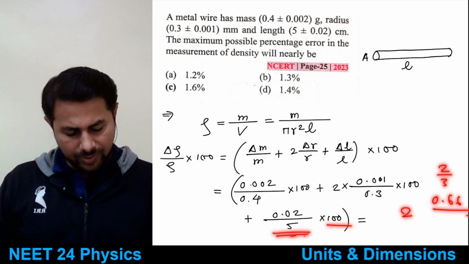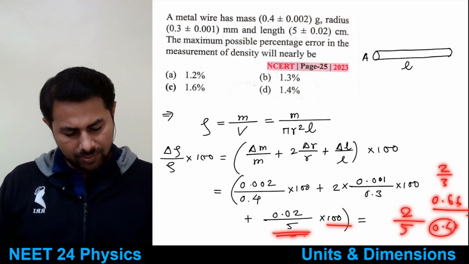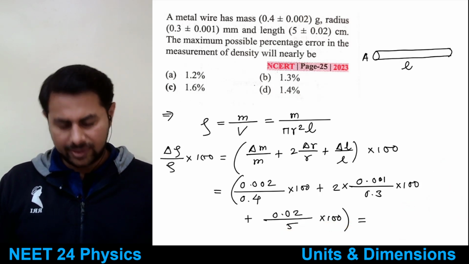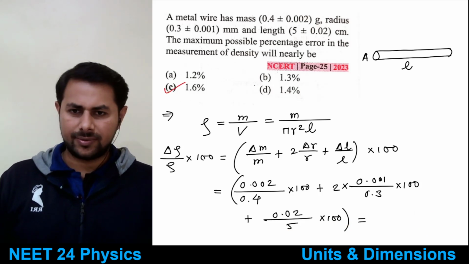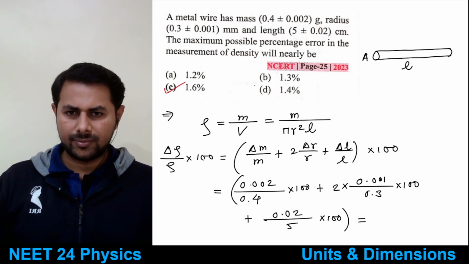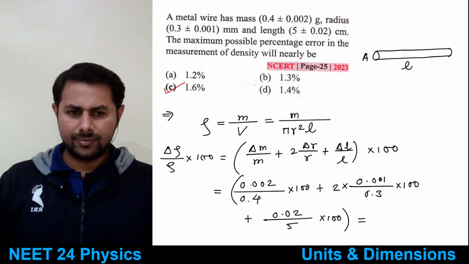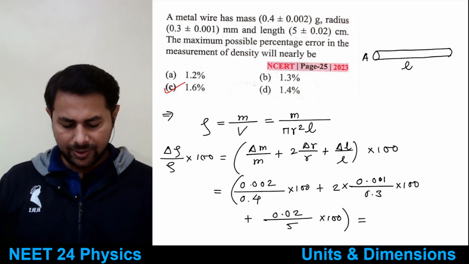This thing will be 2 by 5, right, so 2 by 5 means 0.4. 0.4 plus 0.5 plus 0.6, how much is it? 1.6. Is that the answer? It's option C. Good. So 1.6 is the answer. Right? Everyone can check. Okay, so that's the answer, right? 1.6.